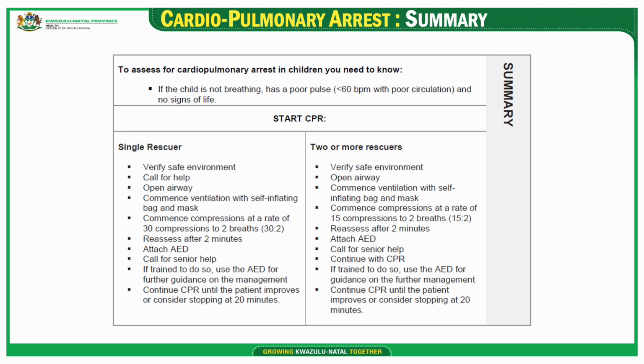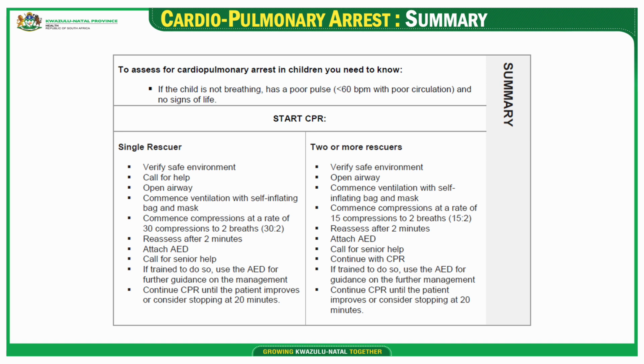Always do your SSS: safe environment, stimulate, shout for help. Go through your airway, breathing, circulation, so open the airway and commence ventilation with your self-inflating bag and mask. Do your compressions in the correct ratio, 30 to 2 for a single rescuer, 15 to 2 for 2 or more rescuers.